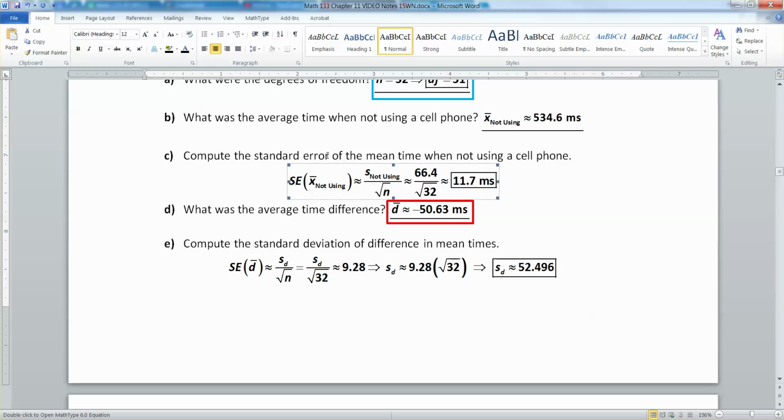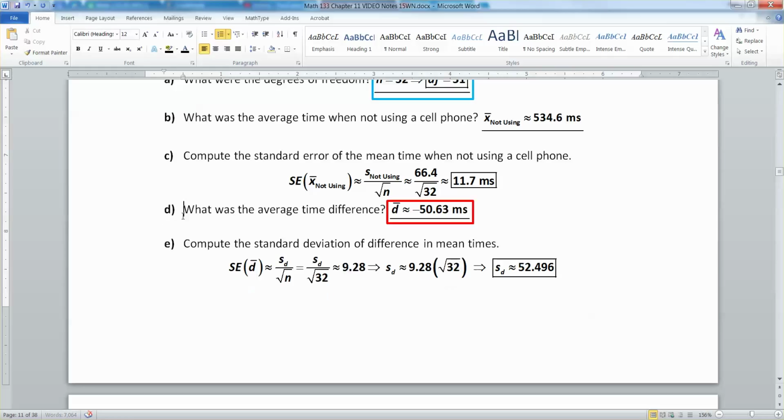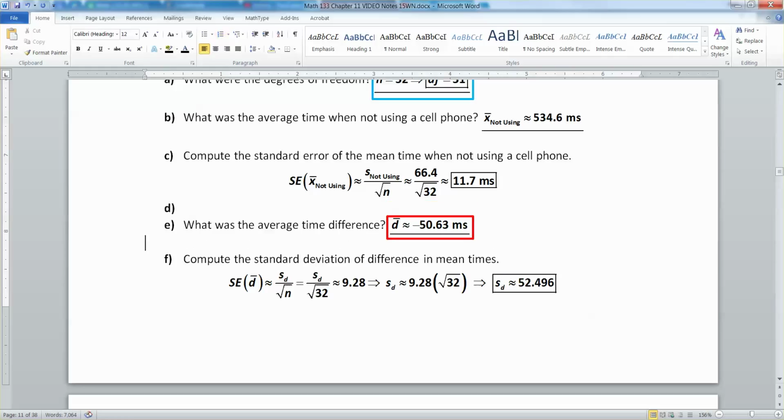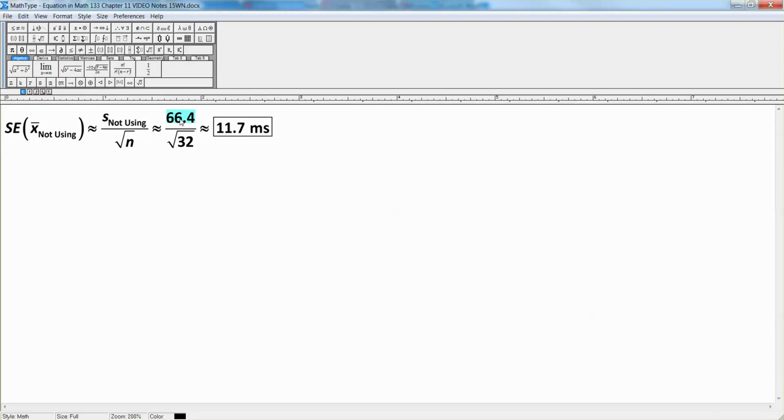So these two problems, part C and part E, are ones I love to give on final exams because they're actually testing a chapter 8 concept. Do you understand how to use that formula from chapter 8 for the standard error? In this particular one, we knew the standard deviation was 66.4 and the n, and we just had to find the standard error, right? 11.7.